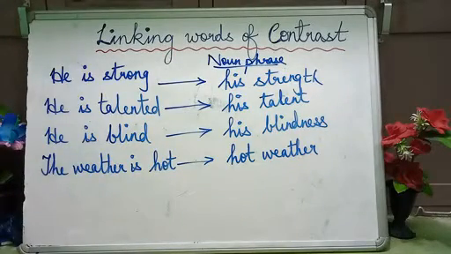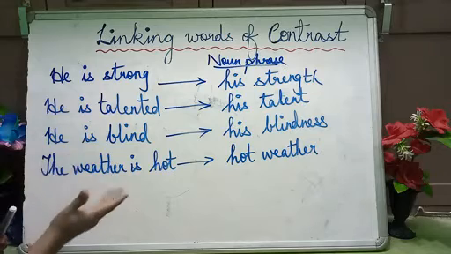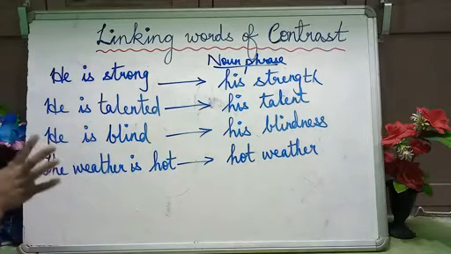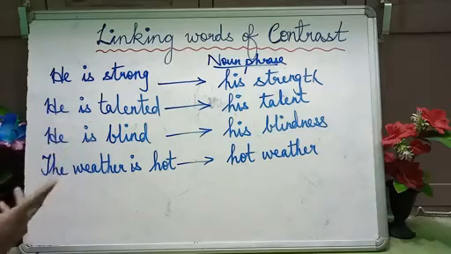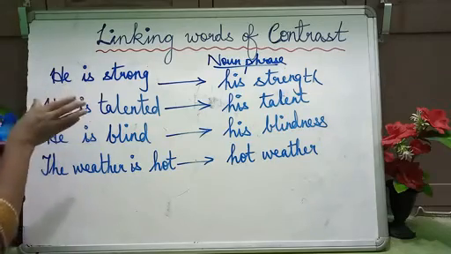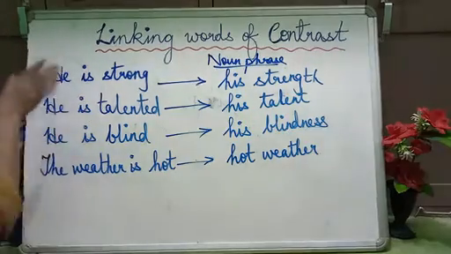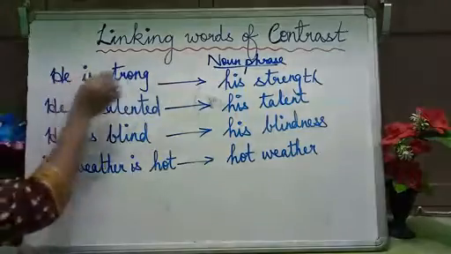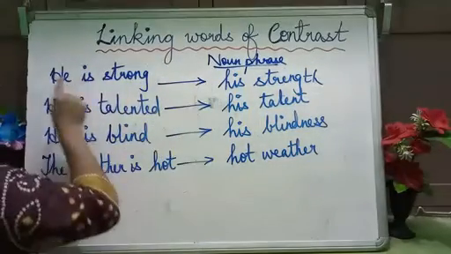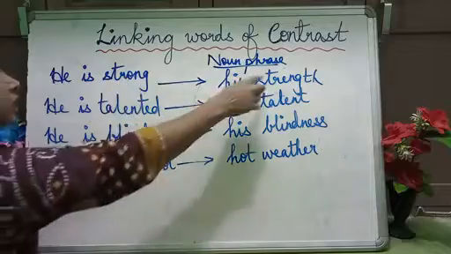So noun phrase, I told you, how you have to change it when you have to join the sentence, beginning the sentence using despite or in spite of. For example, I have given the first part of every sentence. So he is strong, if it comes, you will write his strength. The strong will change into strength.